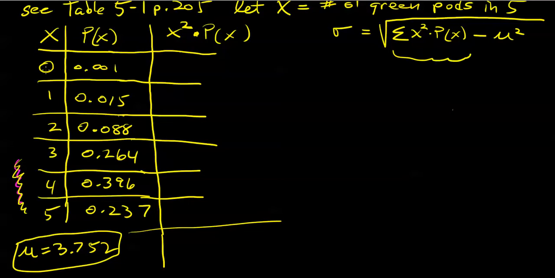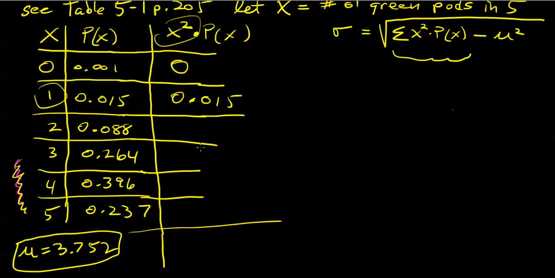So let me go ahead and square. 0 squared is 0, and 0 times anything is 0. Well, that was easy enough. How about 1? 1 squared is 1, and 1 times 0.015 is 0.015. That wasn't too bad either.